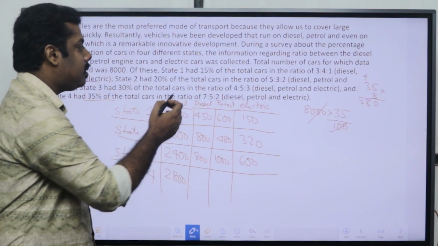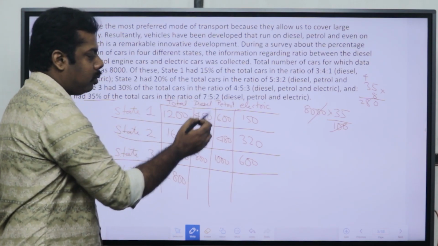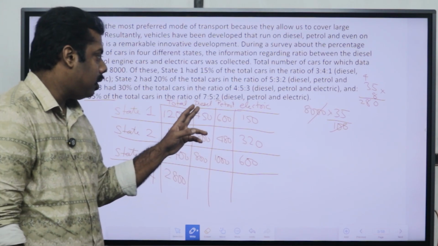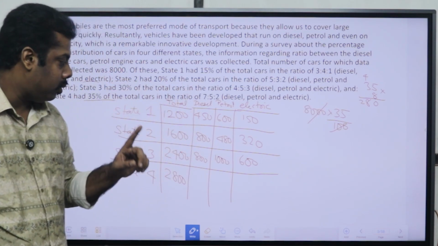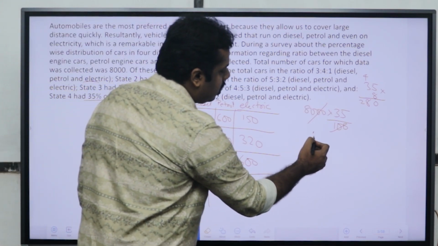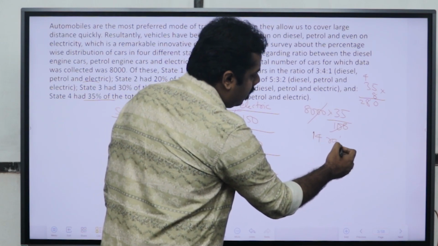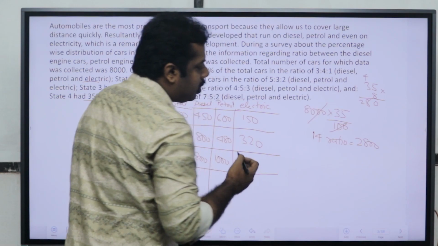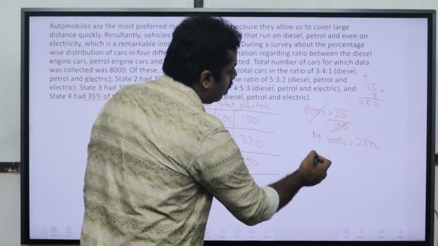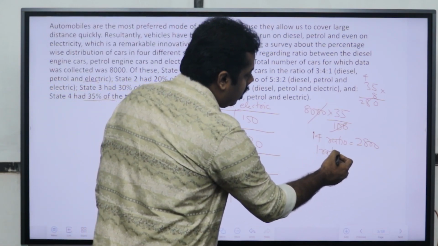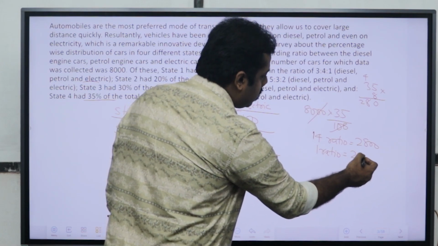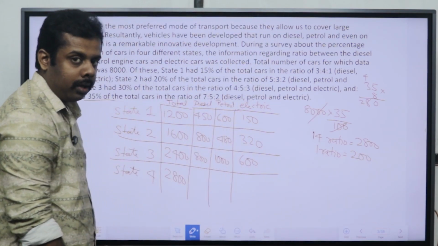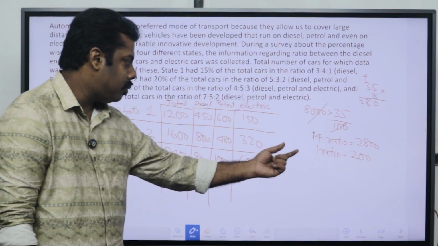Now the ratio here is 7 is to 5 is to 2. Adding these three ratios is going to give us 14 ratio. So 14 ratio is equivalent to 2,800. So 1 ratio has to be 2,800 by 14, which gives us 200. So 1 ratio is 200.